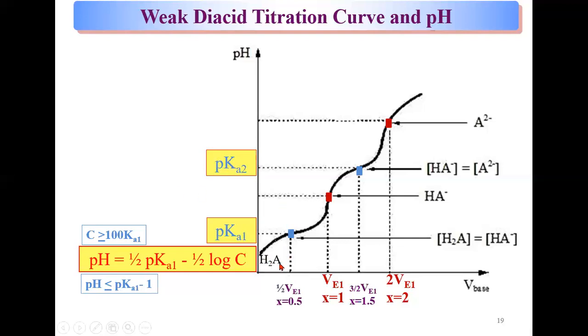Okay, now, as my H2A reacts with any drop of OH minus or any volume of OH minus added, the OH minus in this part, all the way before the equivalence point, is going to be your limiting reagent, and it will tend to 0. It will run out in the reaction. We will have some leftover H2A and some HA minus produced in this whole region.